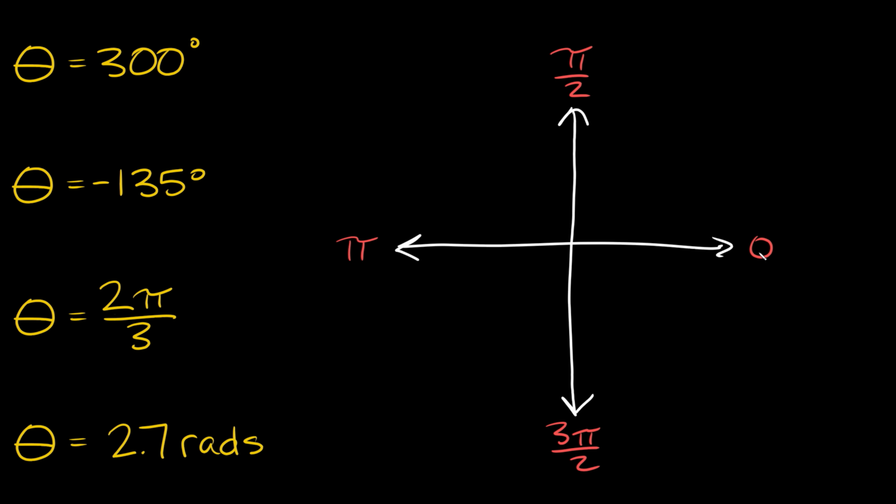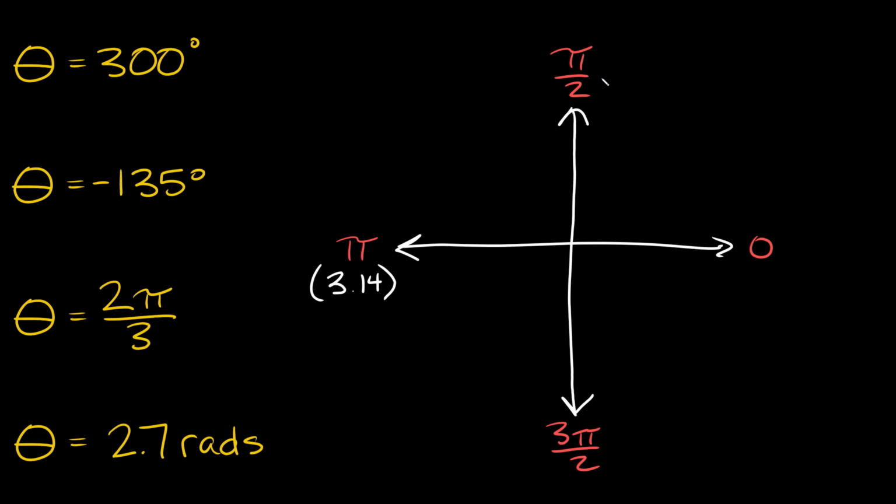So 0 is still just 0, but pi we can approximate as 3.14. So we have 0 over here and 3.14 over here, which means 2.7 must be somewhere between 0 and 3.14. What about this up here?